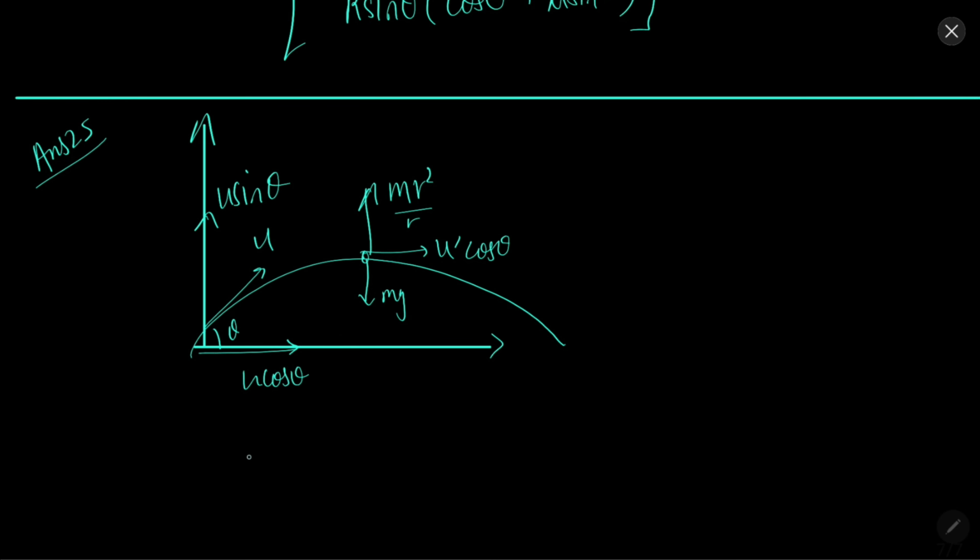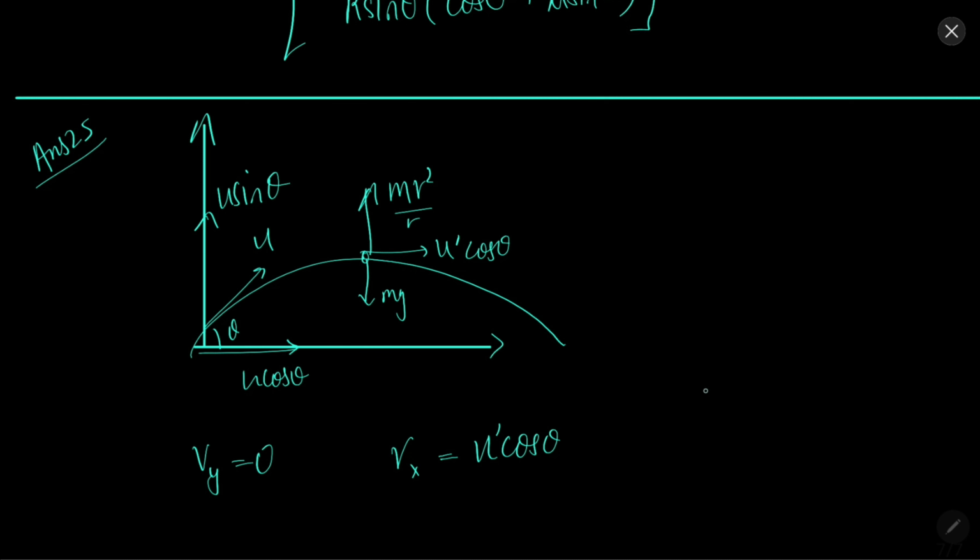So at the highest point, the vertical component of the velocity is 0, and the horizontal component is u cos theta, or u dash cos theta.